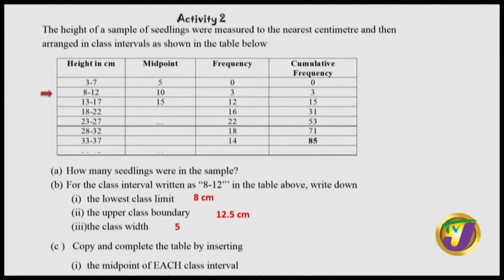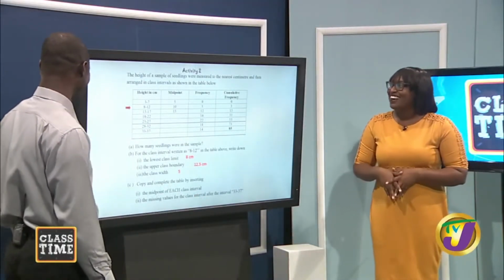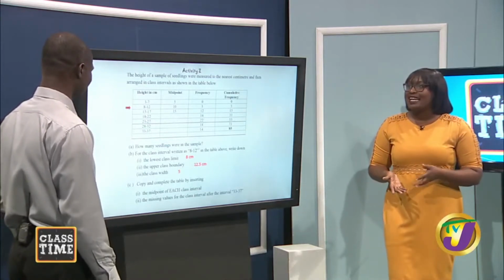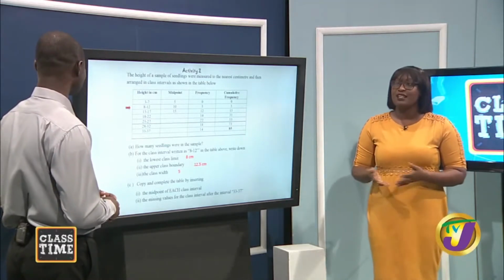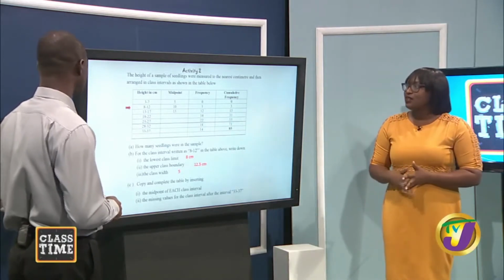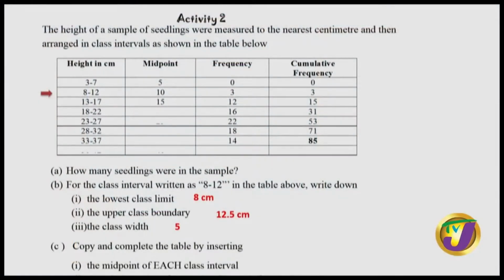So we'd simply find our midpoint by adding our lower limit plus our upper limit and dividing by 2, because we want to find where it is midway between the class limits. So 8 plus 12 would give us 20, and 20 divided by 2 is 10. And the table is partially prepared for us.